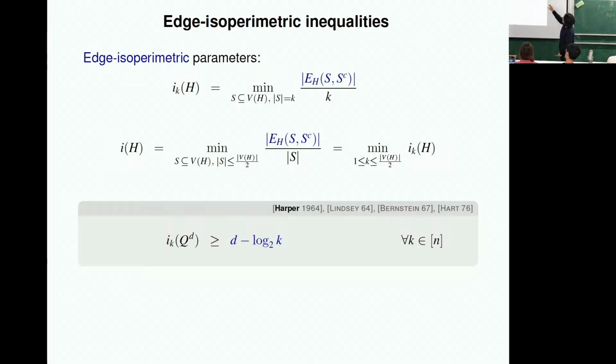Harper's inequality says that in the case of the hypercube, where K is the size of the subset, the parameter is at least D minus log 2K. D was the regularity. If K is small, small sets achieve the best. If K is small, it's almost optimal. Of course, then K is large because it can go up to, sorry, this is 2 to the D.